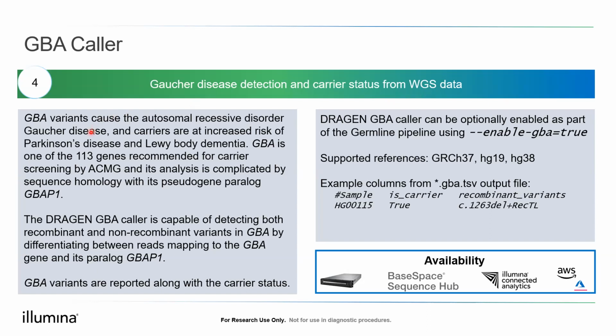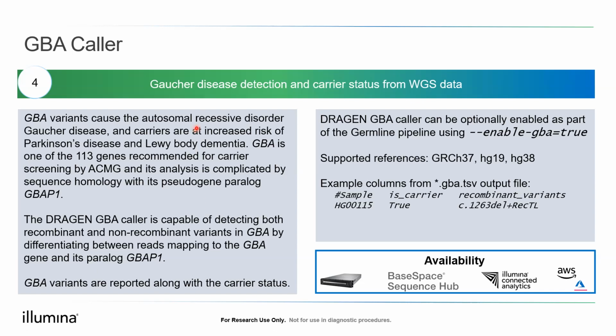Just some background on this caller. It calls GBA variants, which cause an autosomal recessive disorder, Gaucher disease, and the carriers of this disease are at risk for Parkinson's disease. GBA is one of the genes recommended by ACMG.